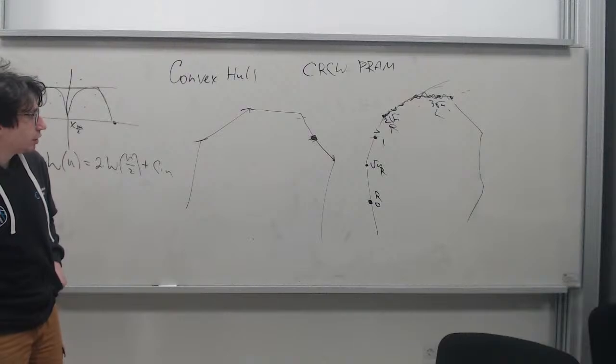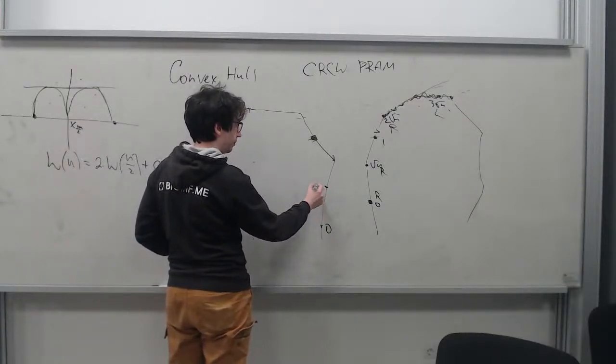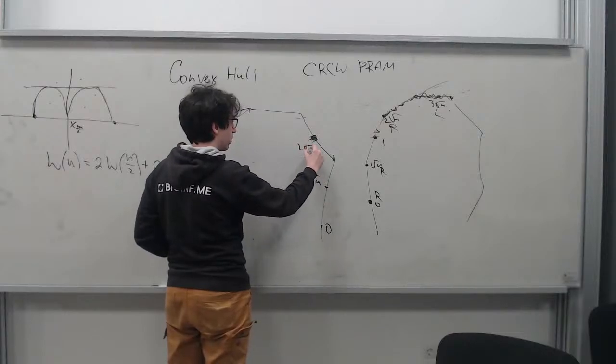Now, how to finish the algorithm? Again, we take the 0th position, square root of n, 2 square root of n, and so on.